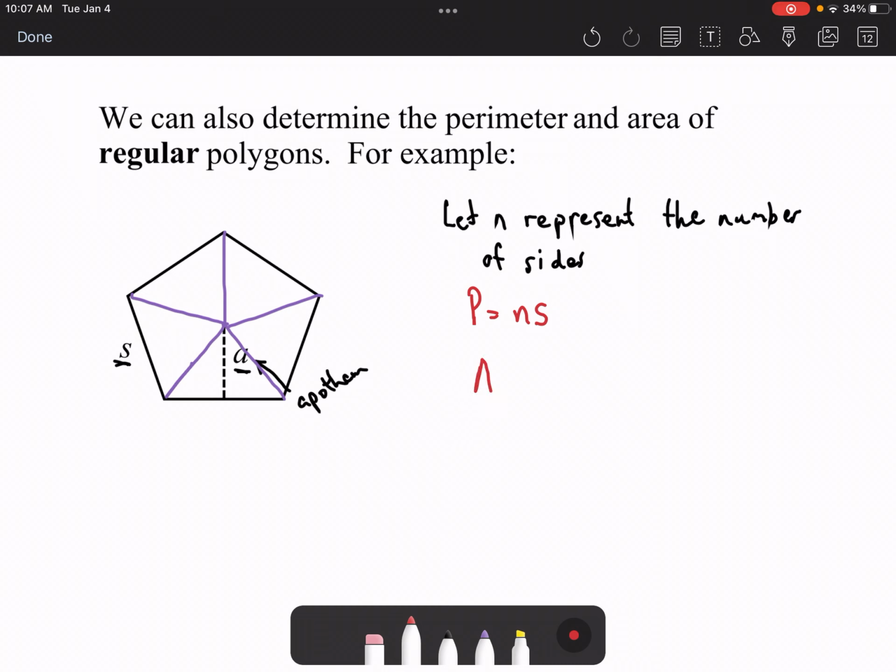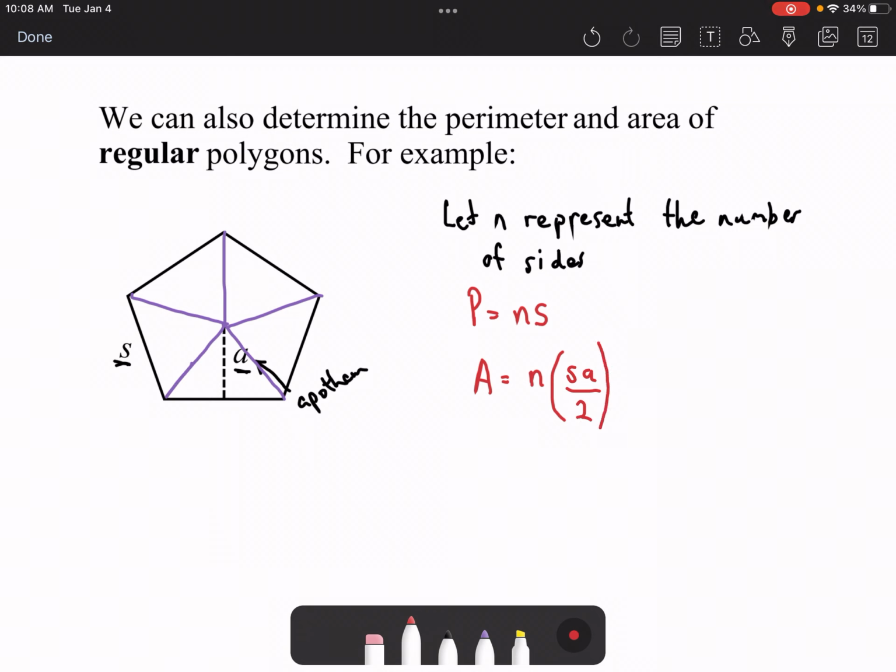To figure out the area, since we have the number of triangles being the same as the number of sides, we're going to use n again. And each triangle you can find the area of. So the area of each triangle, you can find the side length times whatever the apothem is, and divide by 2.